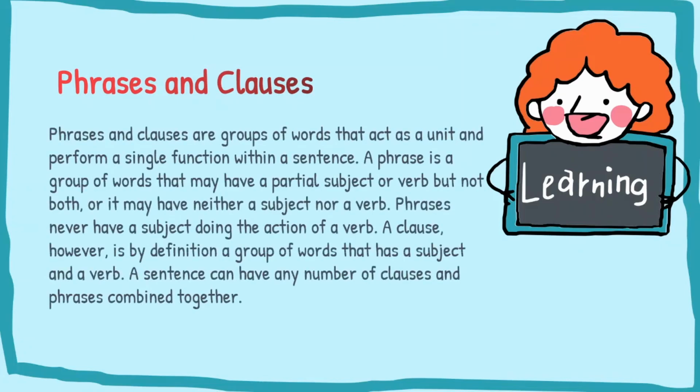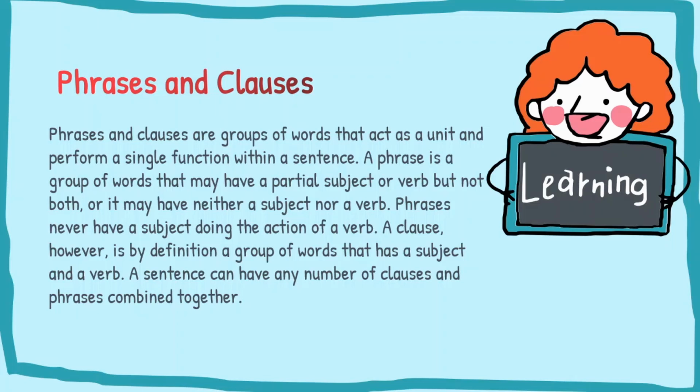So as you can see, phrases and clauses are a group of words that act as a unit and perform a single function within a sentence, which means that in framing a sentence, you would require a phrase as well as a clause. A phrase is defined as a group of words.